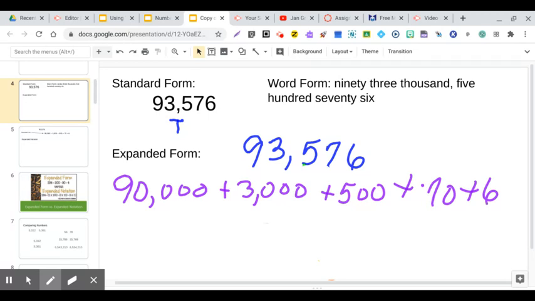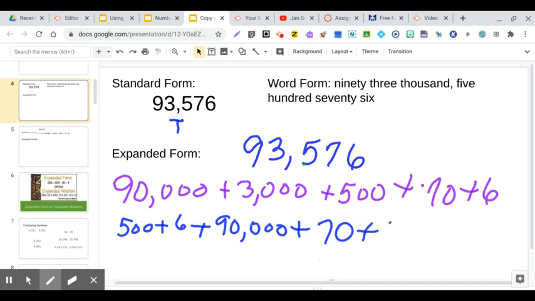But you know those test makers sure like to be tricky. And so they like to mix it up and scramble up the numbers. So they might put 500 first, and then they might put 6, and then they might put 90,000, and then they might put plus 70, and then they might put plus 3,000.